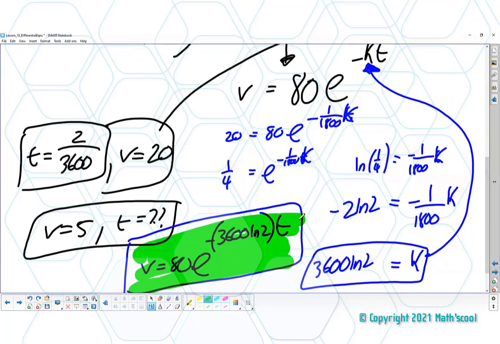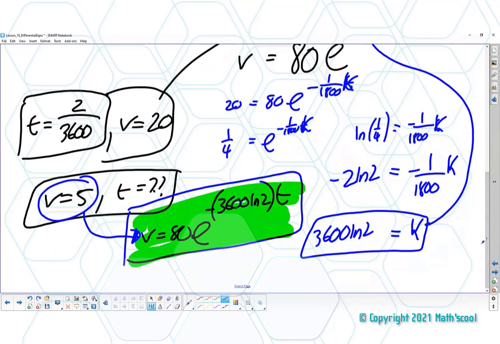So now I just need to put V equals 5 into this equation, and then work out what T is.